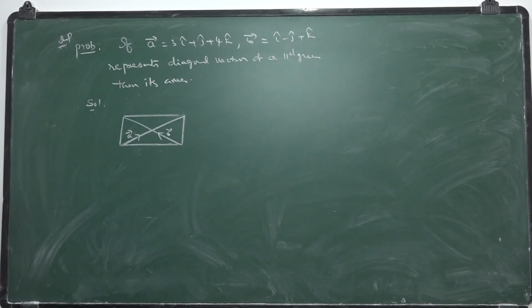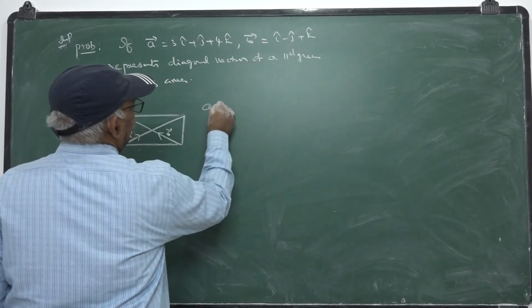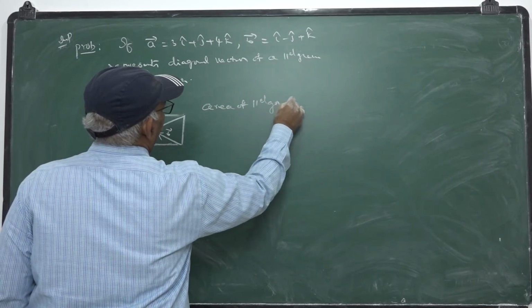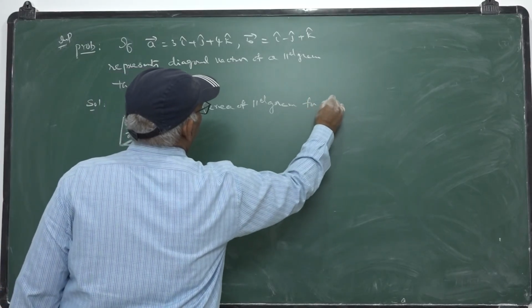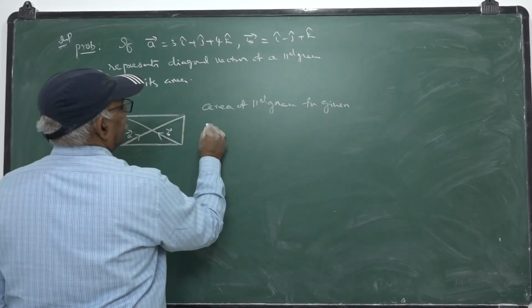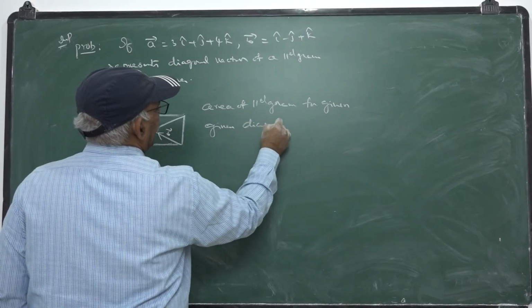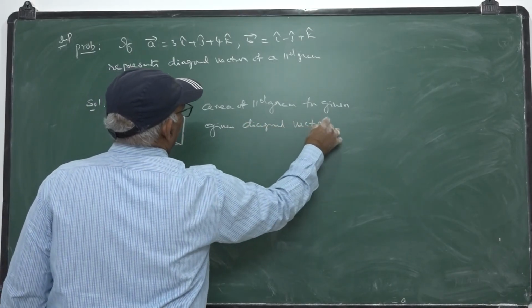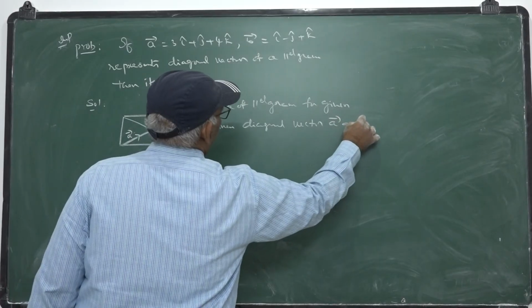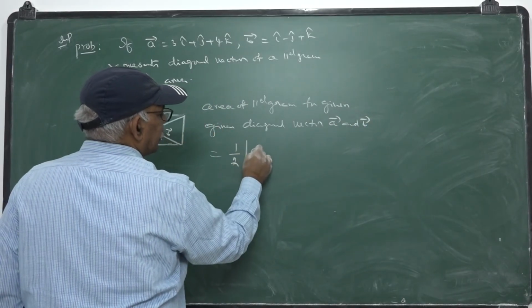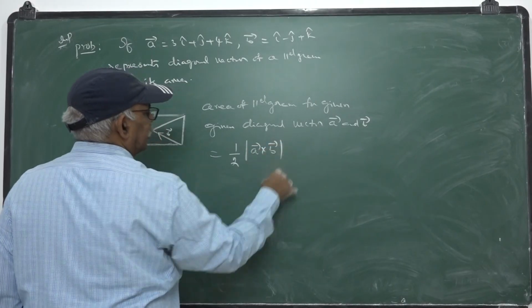Once diagonals are given, the area of the parallelogram for given diagonal vectors A bar and B bar is equal to half the modulus of A bar cross B bar.